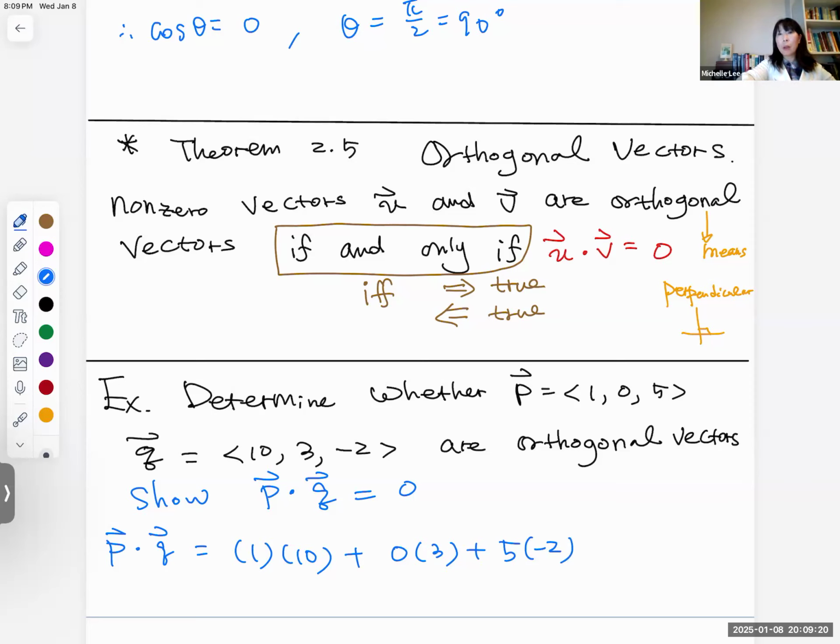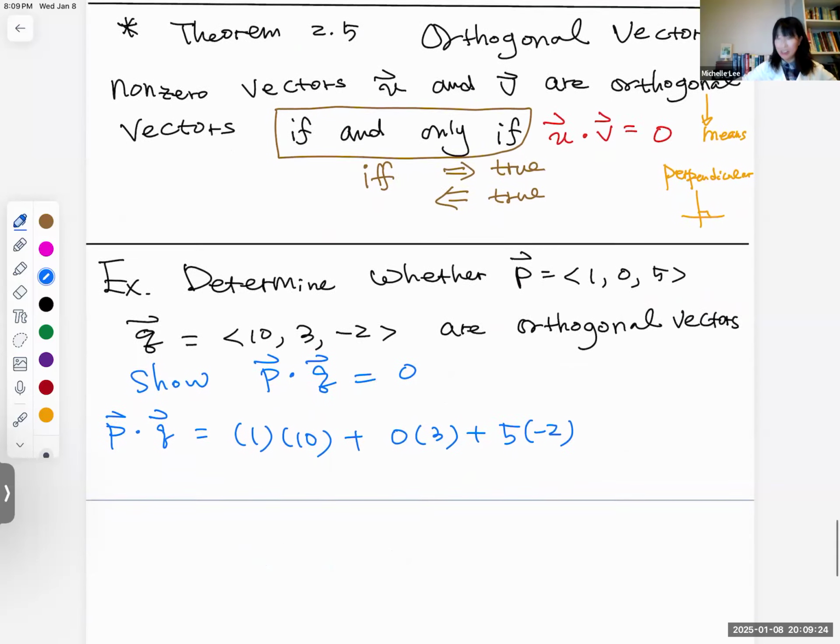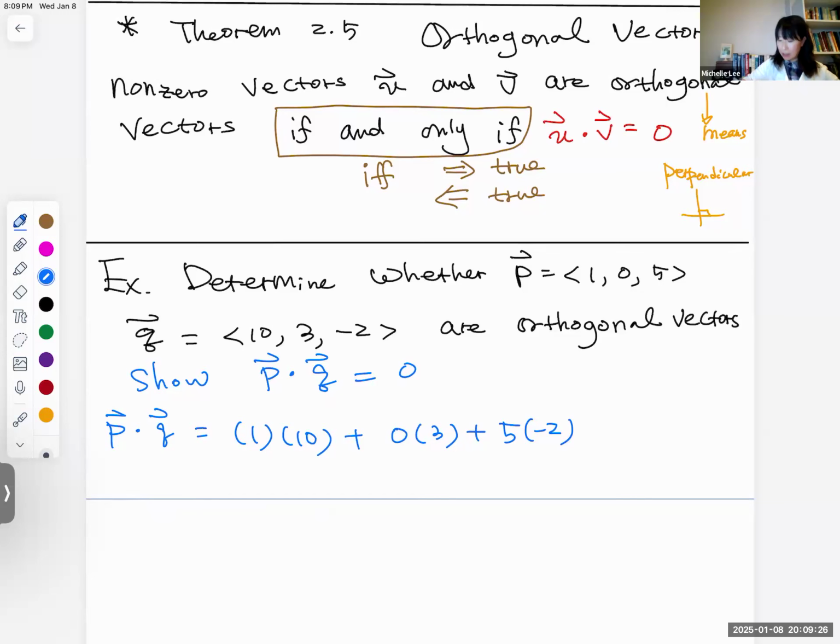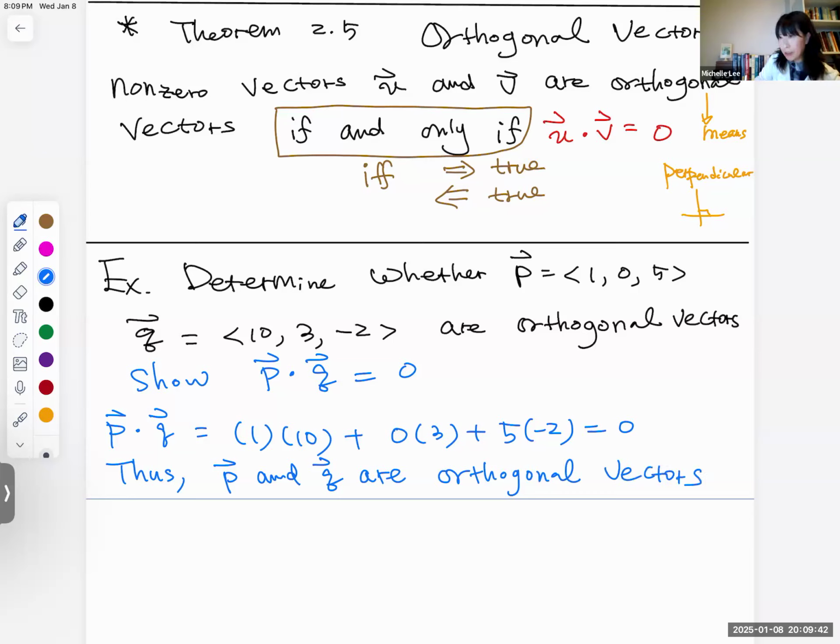What do you have? Oh, not here. Here. Okay. We get 0. Yeah. So they are orthogonal, right? So vector P and vector Q are orthogonal vectors. All right.